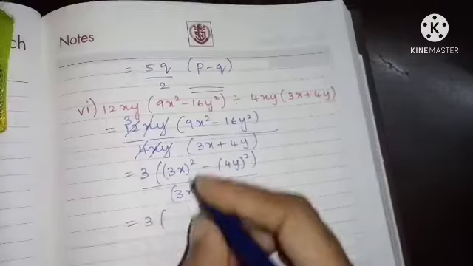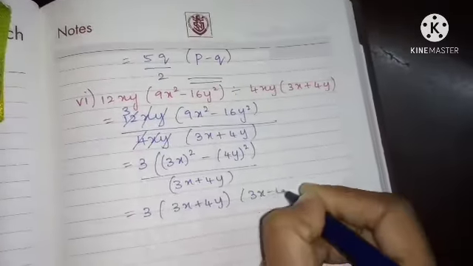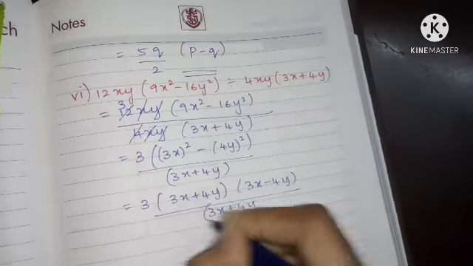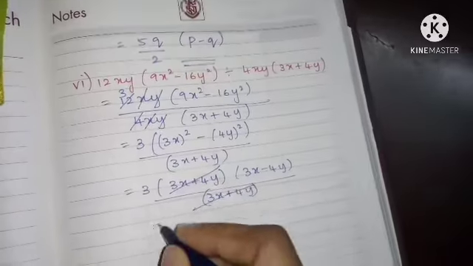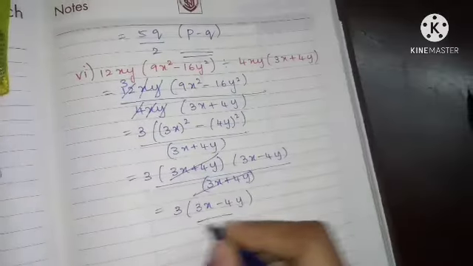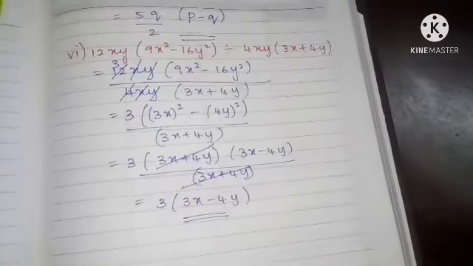So 3 into 3x plus 4y into 3x minus 4y divided by 3x plus 4y. 3x plus 4y gets cancelled. So the answer is 3 into 3x minus 4y.